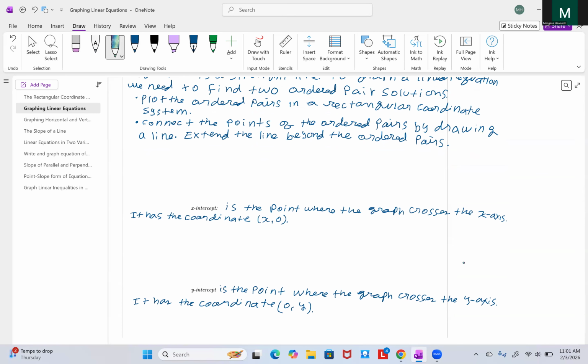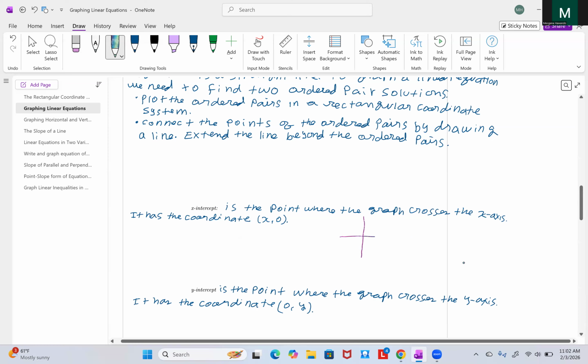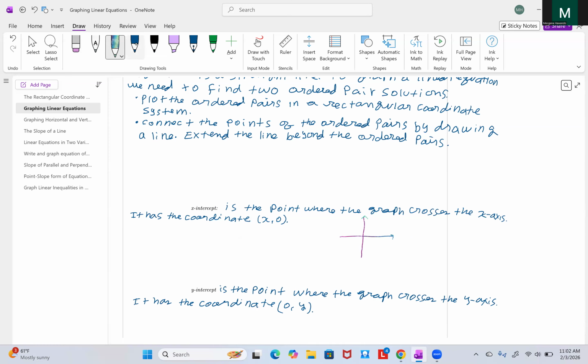The x-intercept is the point where the graph crosses the x-axis. It has the coordinates (x, 0). So note that the y-coordinate for the x-intercept is 0. So when we have a linear equation, the point where that linear equation crosses the x-axis, its x-coordinate is some number.